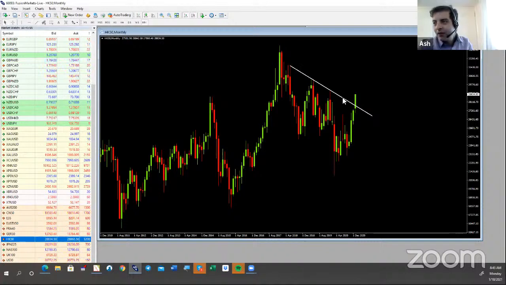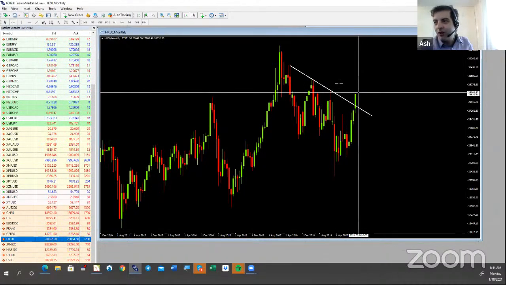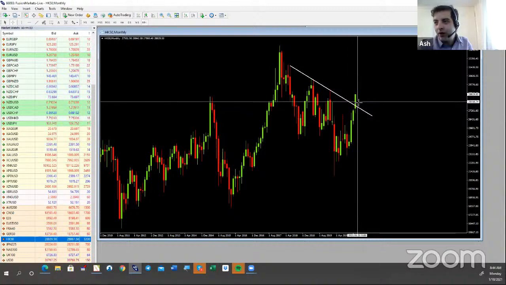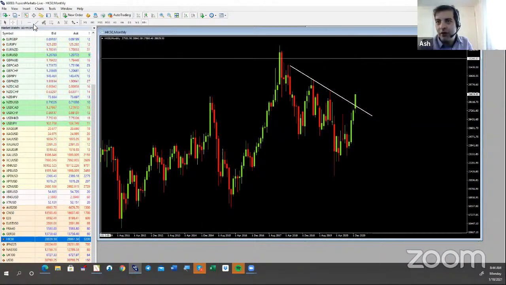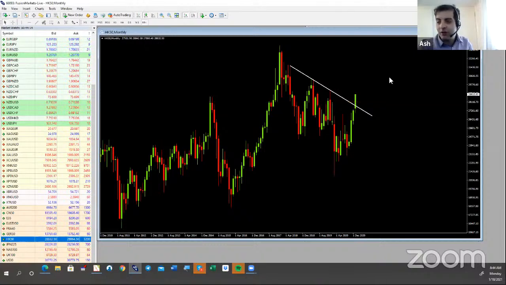Now that point would be okay, but it's a long way off. So there's not really much point in looking at the Hang Seng at the minute. If we look at it later down the line, then the first point of call is around about the 28,000 level, where I wouldn't mind picking up the Hang Seng, but I think that's just too far away.